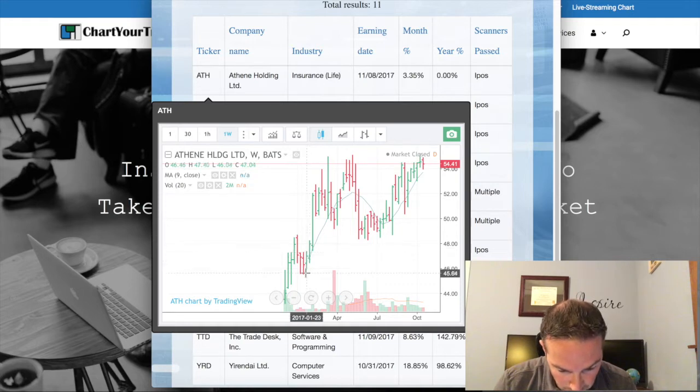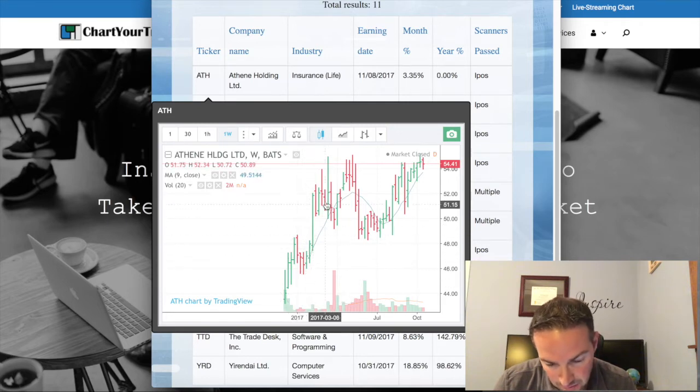Set your stop loss right at around 45.50, 45.40, and you would have had a little bit of a run right there, and now it looks like it's trying to base out again.